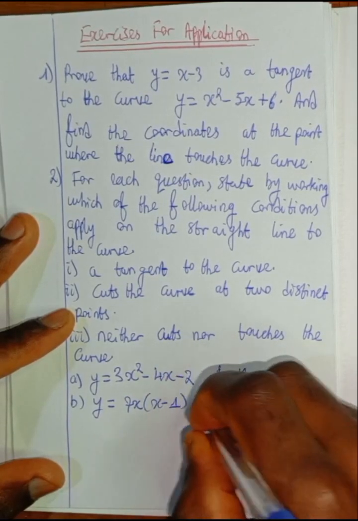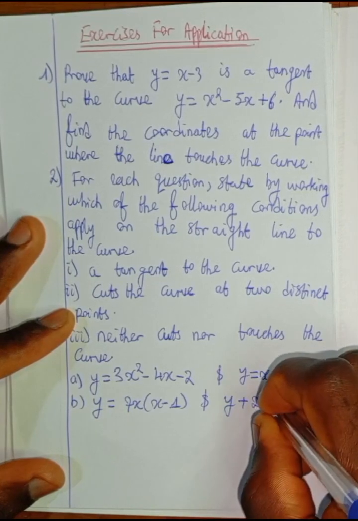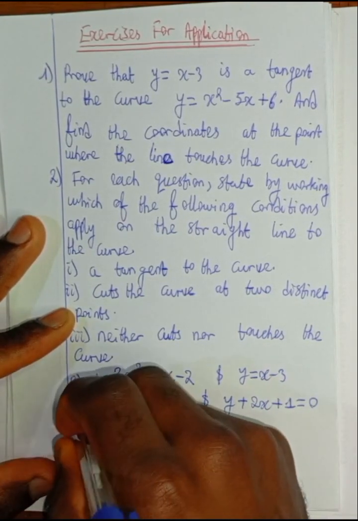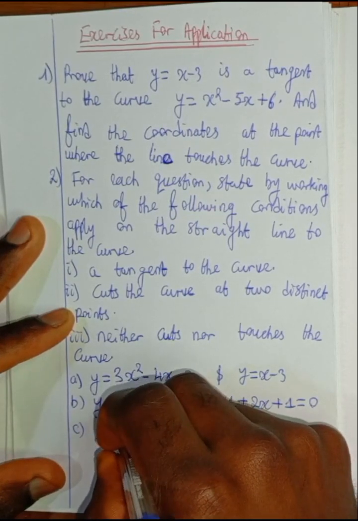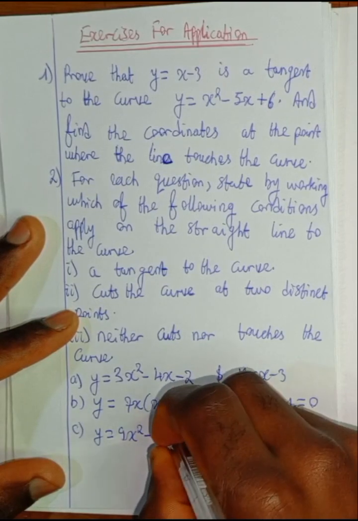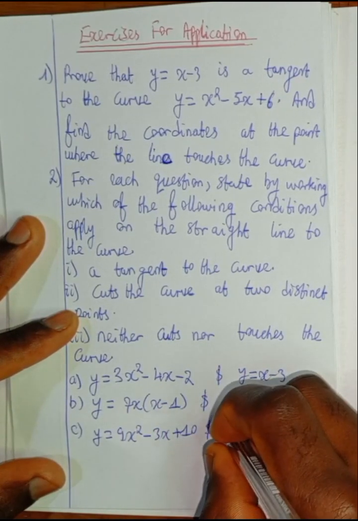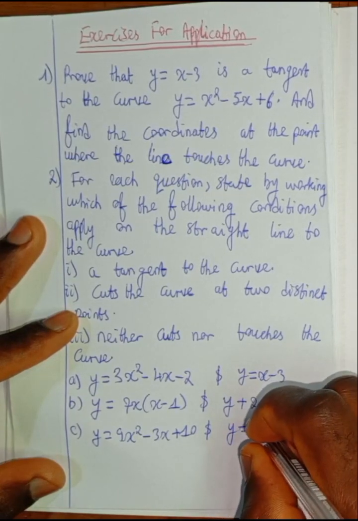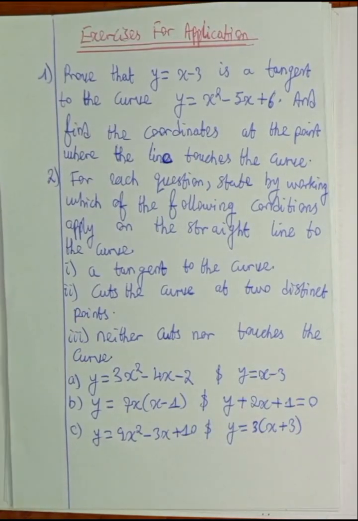This is the curve, and y plus 2x plus 1 is equal to 0, the line. For C, we have y equal to 9x squared minus 3x plus 10, and y equal to 3 times x plus 3 for the line.